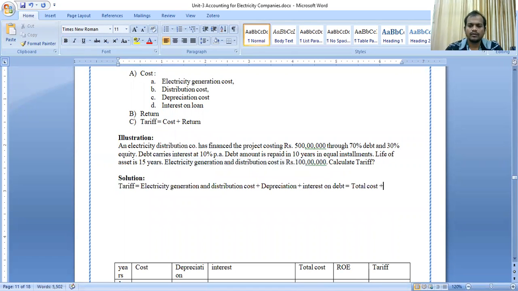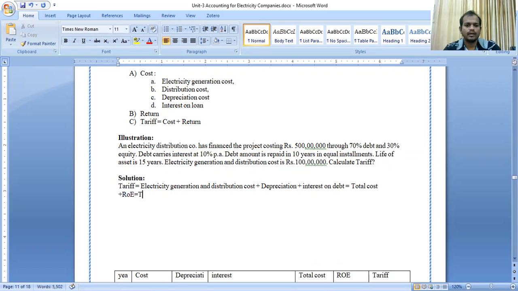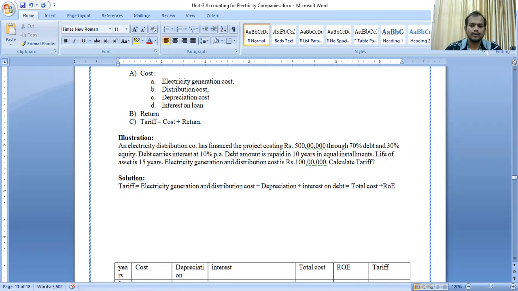So for this cost, we have to add the return. So the return on equity, and then finally we'll come up with the tariff. So return on equity, total cost plus return on equity. And then finally we will come up with the tariff.